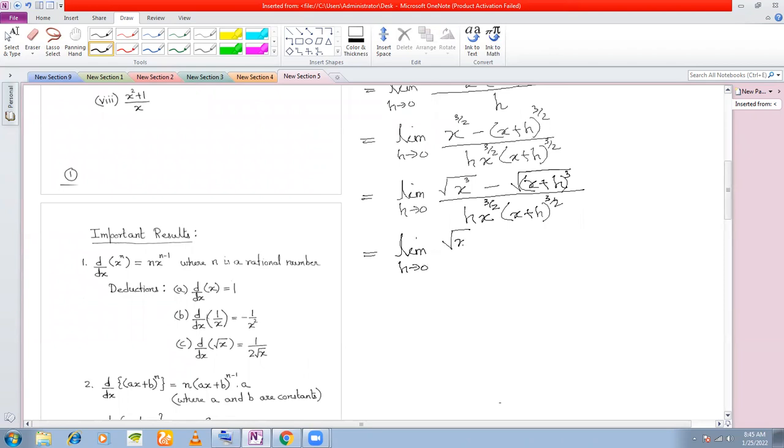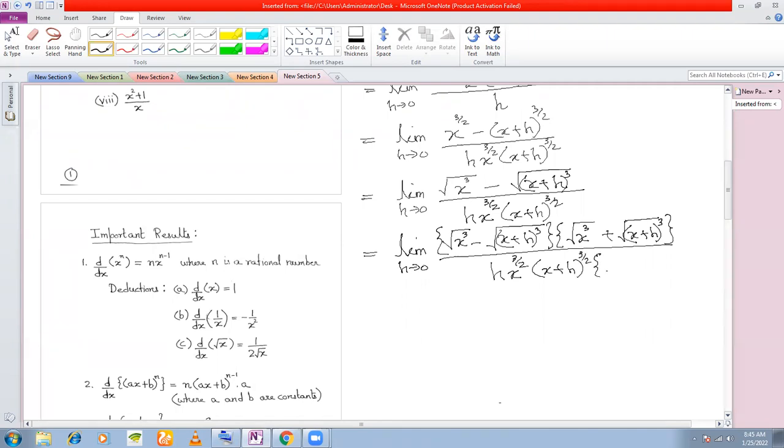You have root x cube minus root x plus h whole cube into root x cube plus root x plus h whole cube, divided by h into x to the power of 3 by 2 into x plus h to the power of 3 by 2 into root x cube plus root x plus h cube, right?